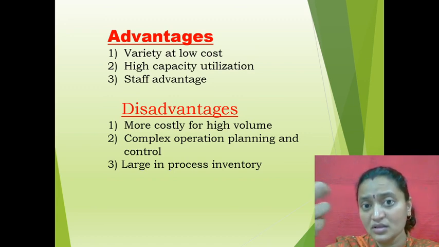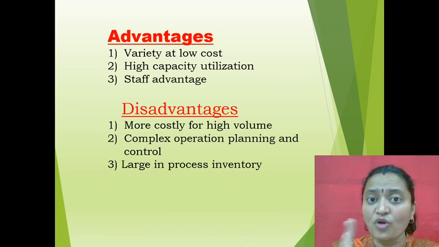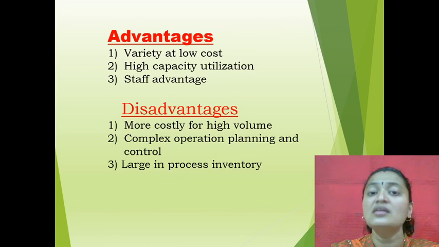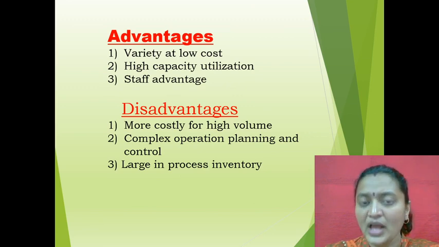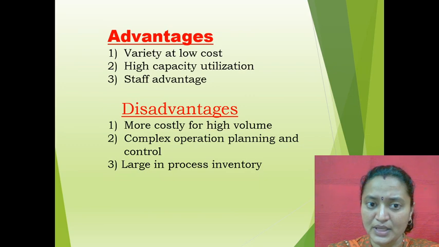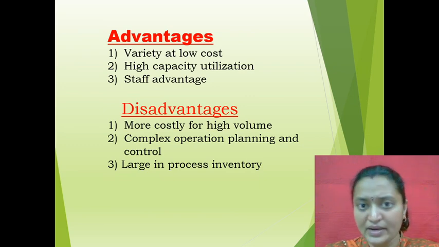Here the production manager has to set a proper plan, and according to whatever plan is set, it should be executed and put into action, and proper controlling should be done. Then large in-process inventory.